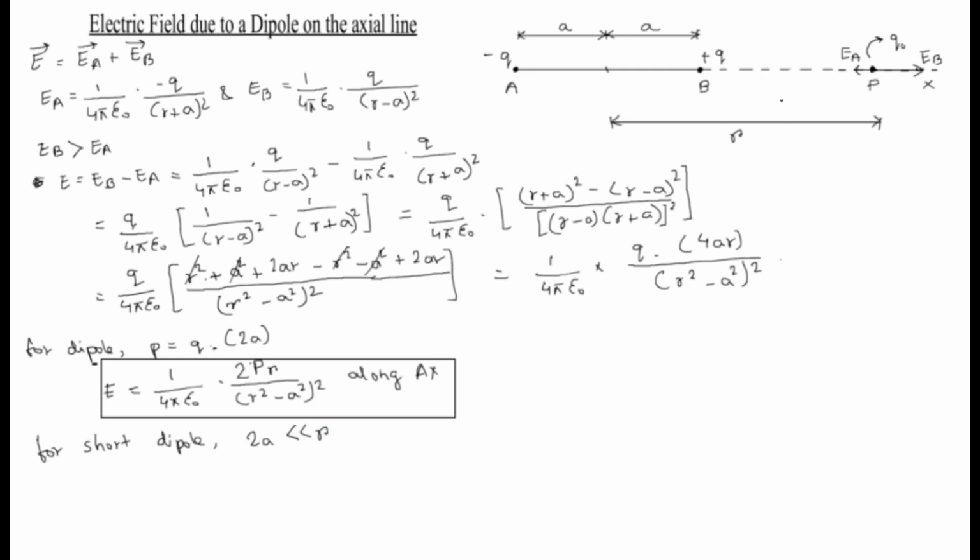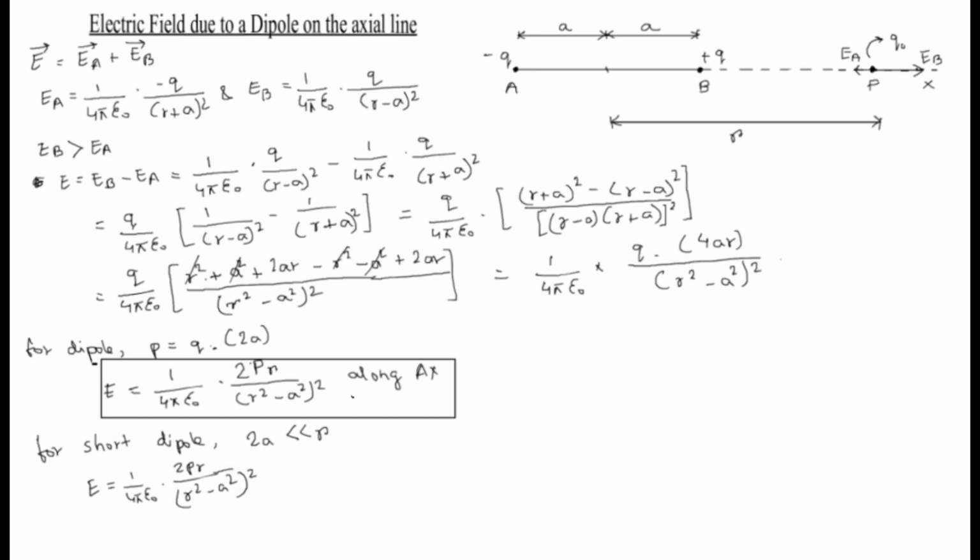So under that situation, I'll write the previous expression one more time like this, 2pr by (r square minus a square) whole square, right?